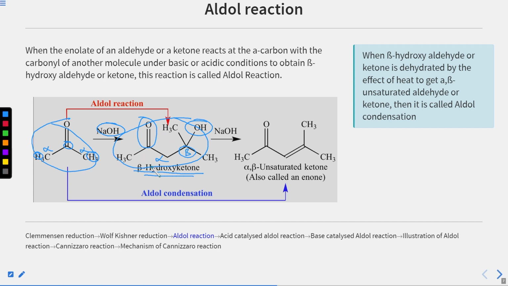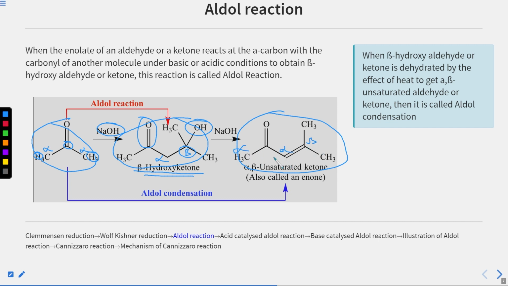So beta hydroxy ketone. Now further, if this beta hydroxy ketone is dehydrated in the presence of heat due to the removal of your OH group, then it results in the formation of alpha beta unsaturated ketone. Again, let us first name the alpha and beta positions. This is alpha position, this is beta position.